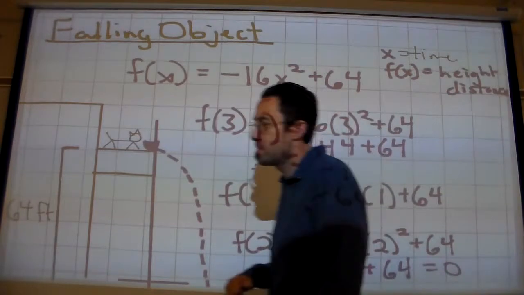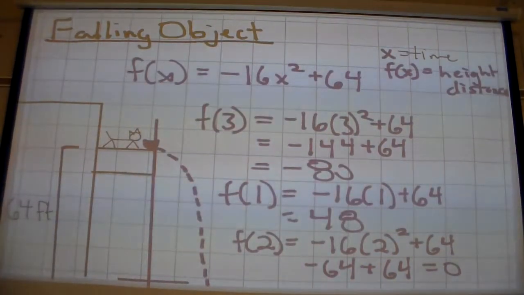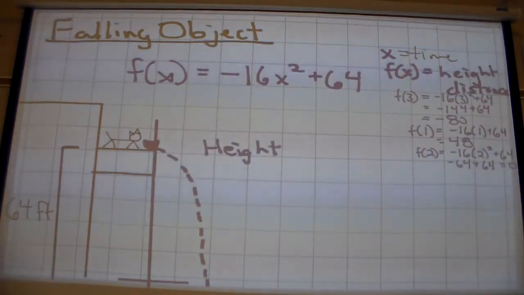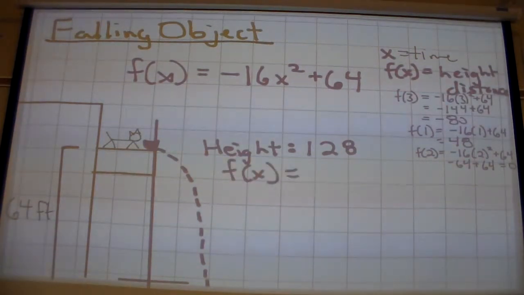Now, what if the height was doubled? Then you would put 4 seconds. f of 4. So now the height is doubled, 128. So it would now be f of x equals negative 16x squared plus 128.